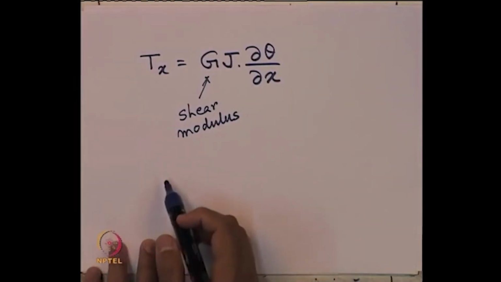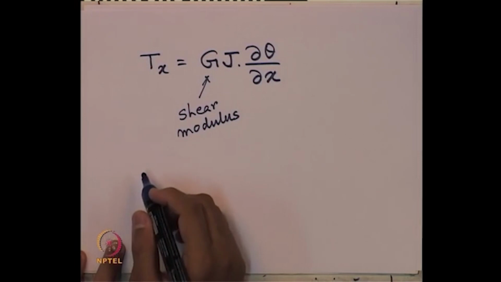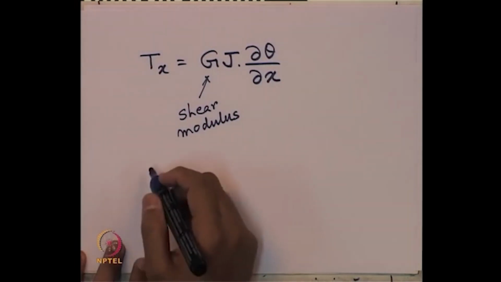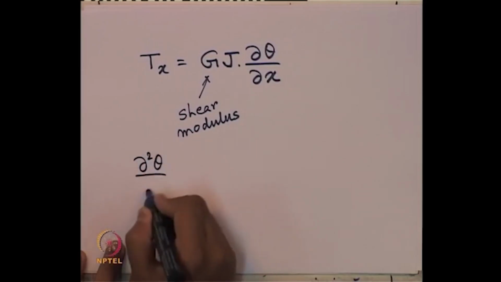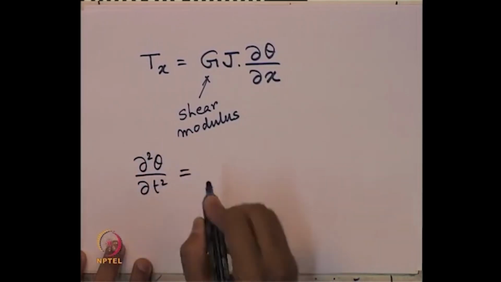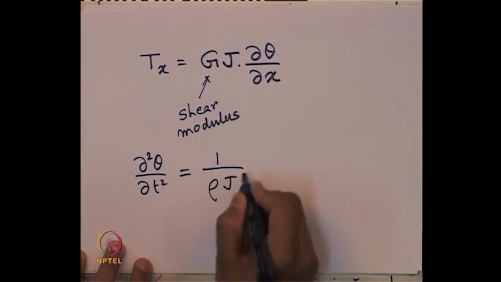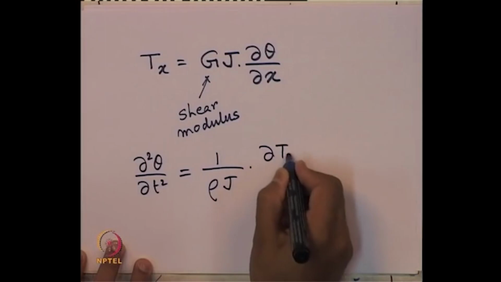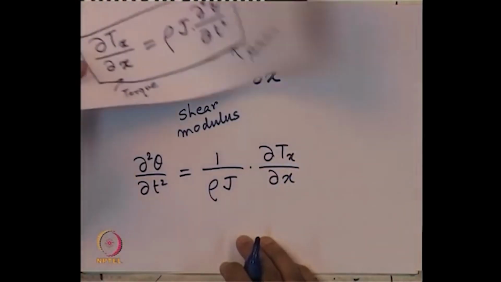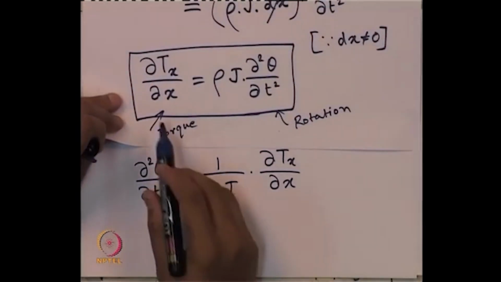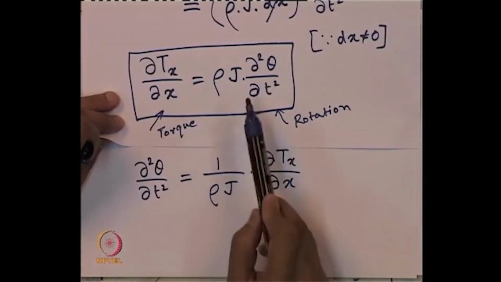If I use this concept in my previous equation, what simplification can we do? We can write the simplified form del 2 theta del t square equals 1 by rho J del Tx by del x. Let us look at our previous equation, the torque rotation relationship, which I am simplifying now.